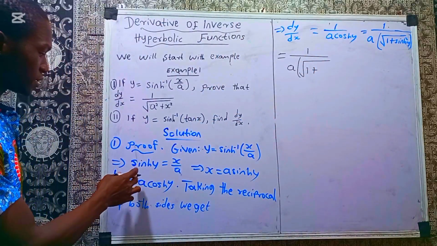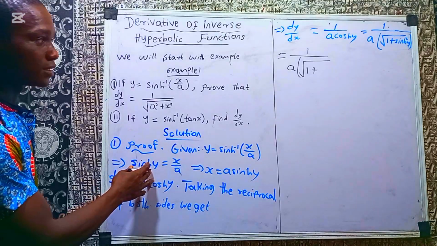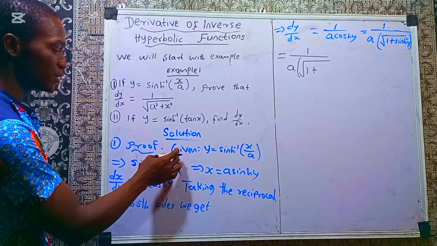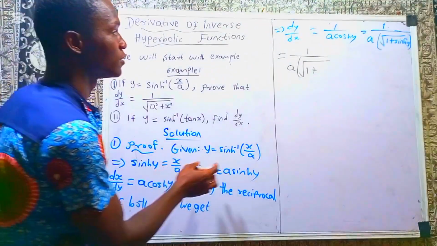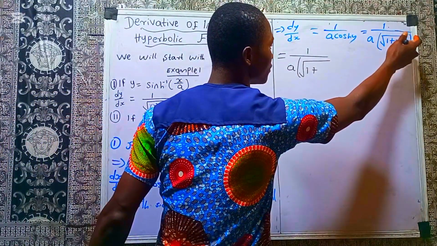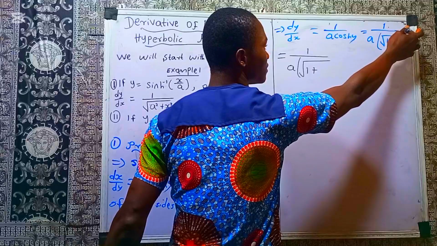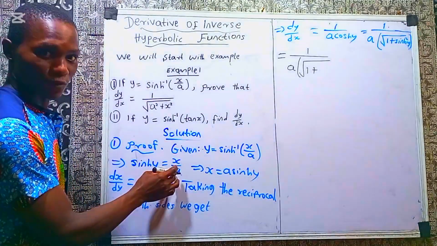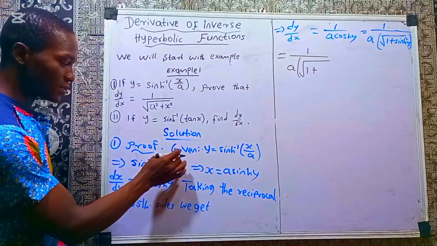Now, what is hyperbolic sine y? We got it here to be x over a, so I will replace it. But we have hyperbolic sine squared y, so you are going to do x over a squared, because hyperbolic sine y is x over a.